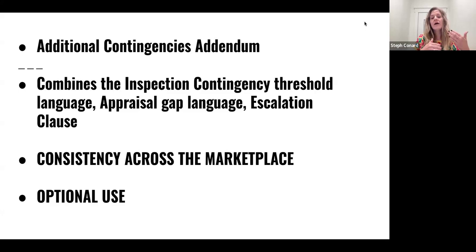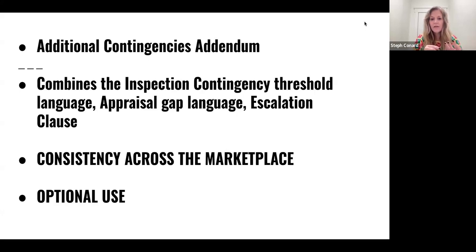When the market got more competitive, a lot of people were adopting new strategies for their offers to stand out, so it was to address inconsistencies in language when people were putting these additional provisions in. It was around three main things: the inspection contingency, the appraisal, and what's called the escalation clause.